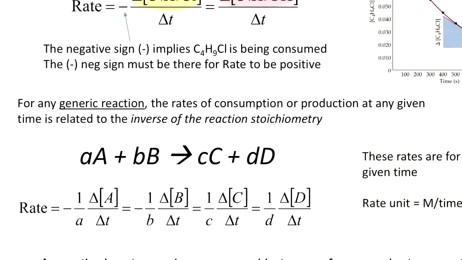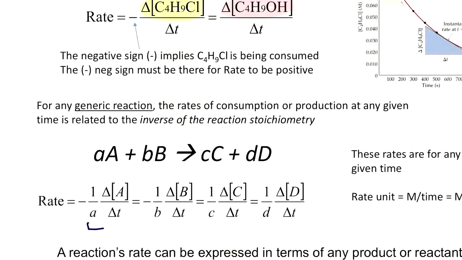What you basically want to see here is that A and B are reactants, they're being consumed, so note that there's a negative sign in this reaction rate, versus C and D are products, so they're being produced. So there's a positive sign there, right?